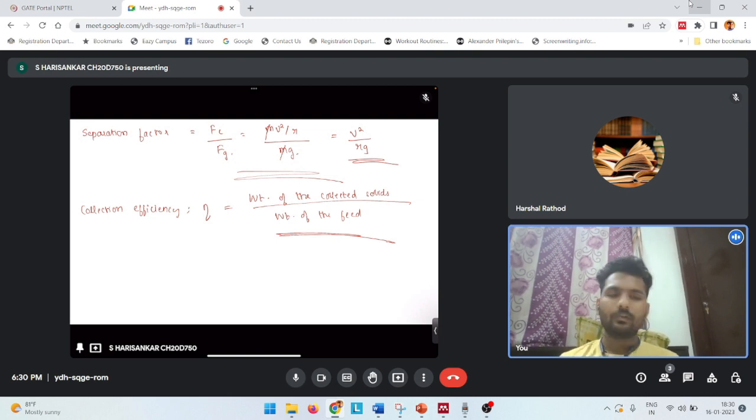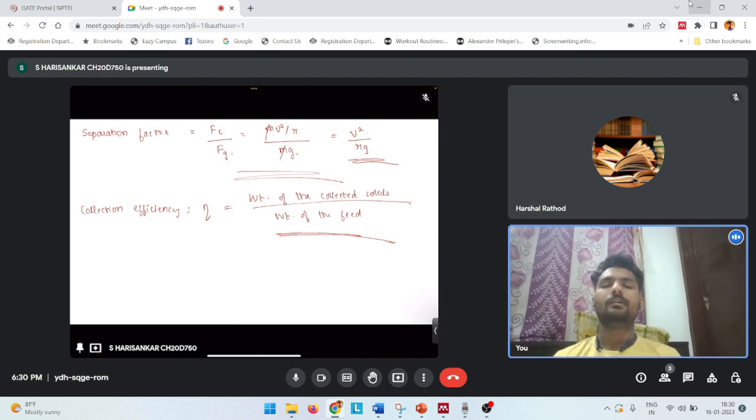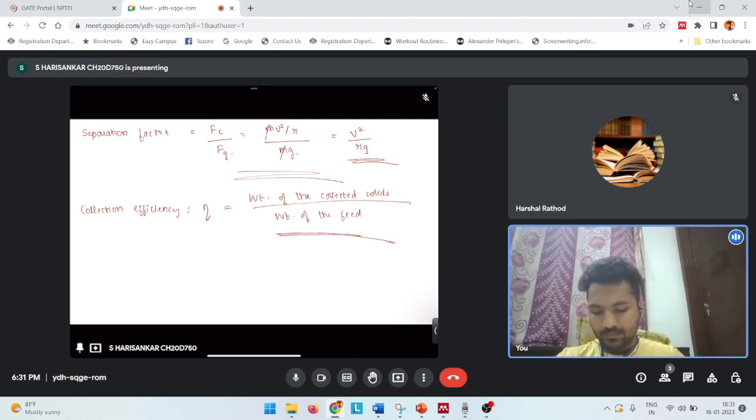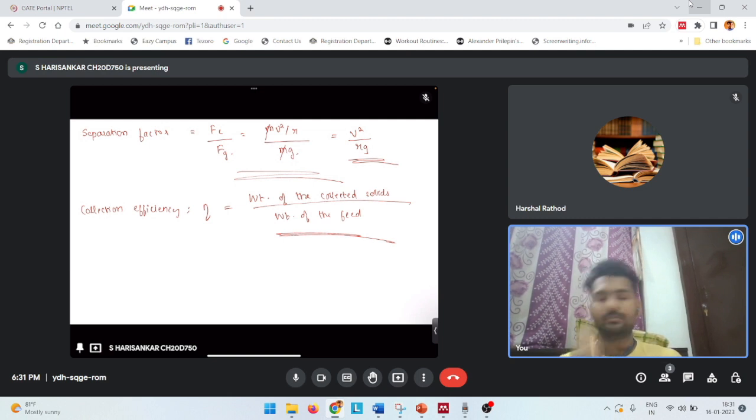So this is called the collection efficiency of a cyclone separator. We'll see how we can use these equations for solving some problems in the coming slides. So we'll stop here with the theory and try to solve some questions today with regard to this and see where it goes.